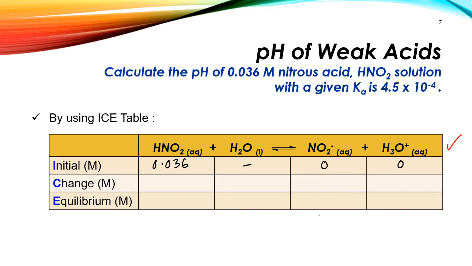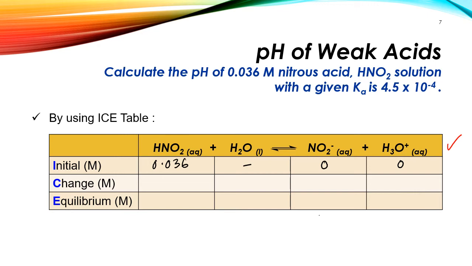The reactant will decrease in concentration, and the product will increase in concentration. To indicate the increase and decrease, we use the positive and minus signs. The minus refers to the decrease in concentration.